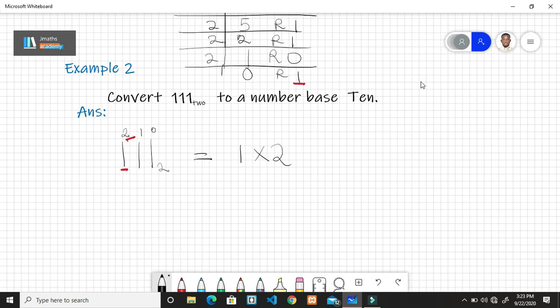So we have 1 times 2 raised to the power of 2 plus, to the next digit, this is 1, 1 times 2 raised to the power of 1, plus the third digit, 1 times 2 raised to the power of 0.